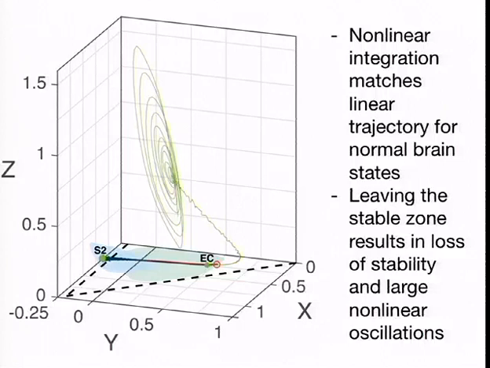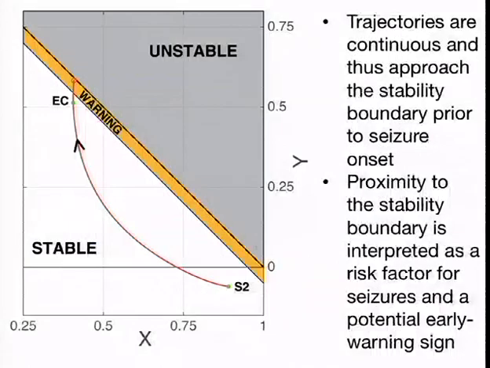So how do we then relate this to seizure prediction and warning? So this is now looking down at the top. So we've got just an XY plane, and we can see our trajectory going from stage 2 up to eyes closed and then continuing a little bit further. And the thing is that the trajectories are continuous.